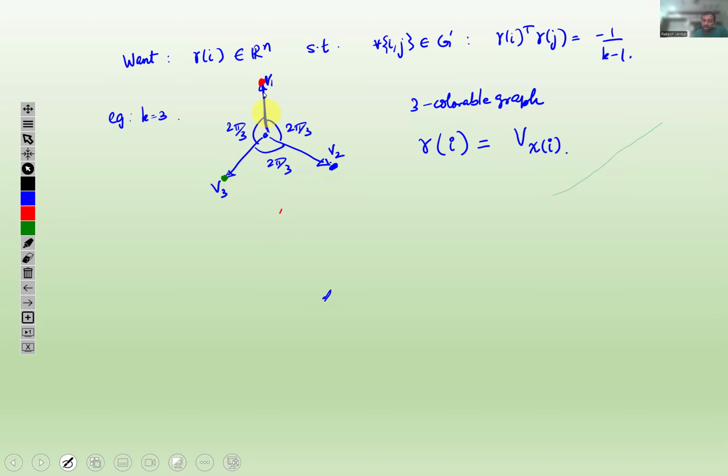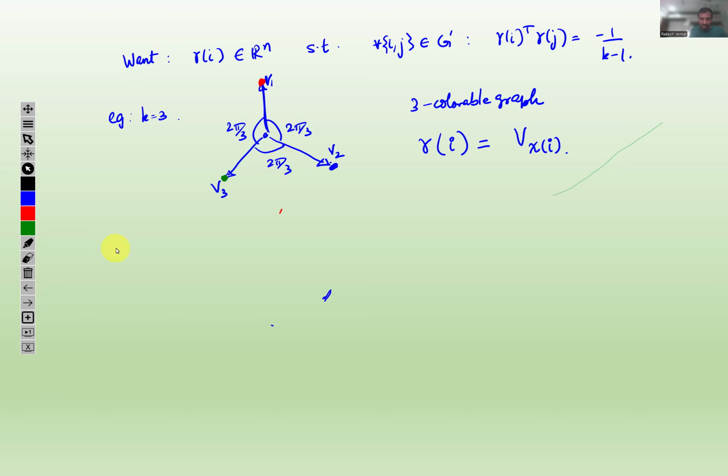Any vertex colored red is assigned V1, any vertex colored green is assigned V3, and any vertex colored blue is assigned V2. If you take any edge, they will be assigned different colors across the edge, and therefore the inner product will be exactly minus 1 over 3 minus 1, which is minus half. So that's fine. This is done.